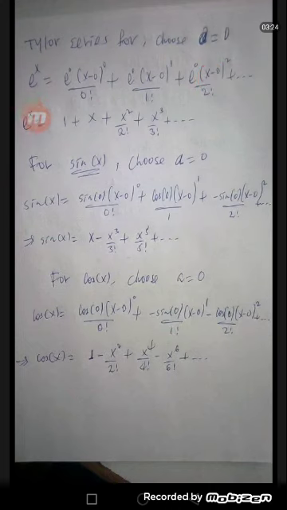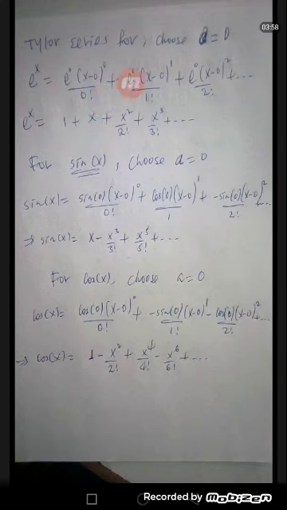What makes e to the power of 0 simple? e to the power of 0 is equal to 1, so there is no better number than 0. So we get e to the power of 0 times (x minus 0) to the power of 0 over 0 factorial, plus e to the power of 0 times (x minus 0) to the power of 1 over 1 factorial, plus e to the power of 0 times (x minus 0) squared over 2 factorial, and so on.